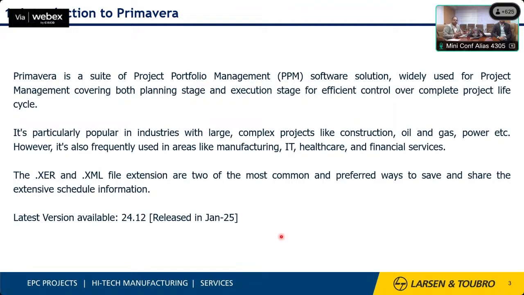So Primavera covers all kinds of industries. The XER and XML file extensions are used in Primavera to share projects. The most recent available version is 24.12, which was released in January 2025.